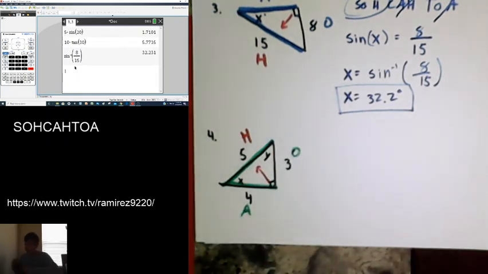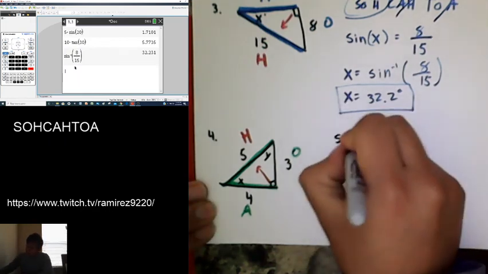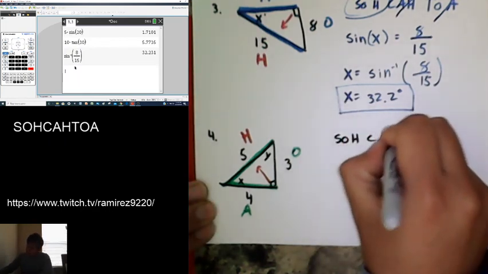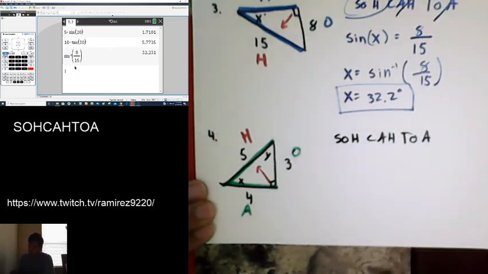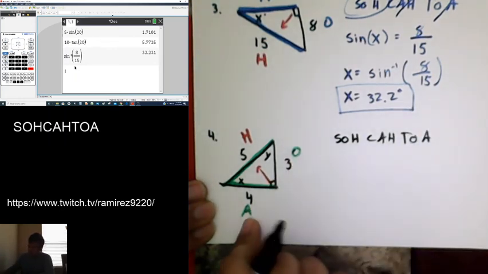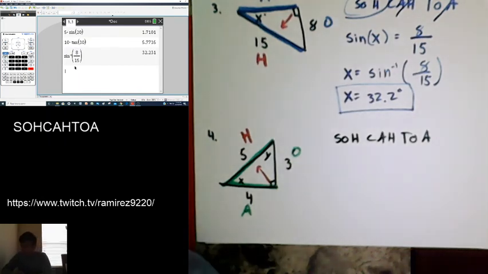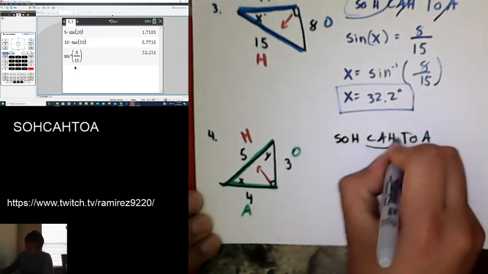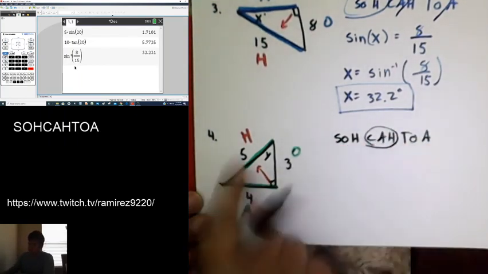So again, I'm going to decide which one I'm going to use. So I only know O and A and H. Actually, I know them all. So again, when you're doing this one, if you're given everything, you get to pick. Since I haven't done Cah yet, I'm going to go ahead and use that one so you guys see how it works. And again, the reason I could use any of them is because I know all of them.